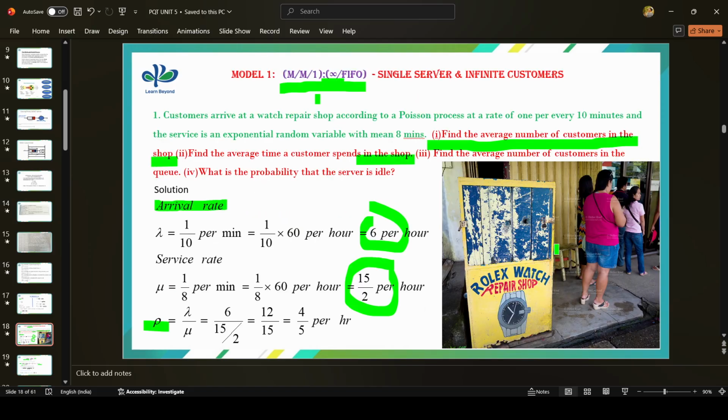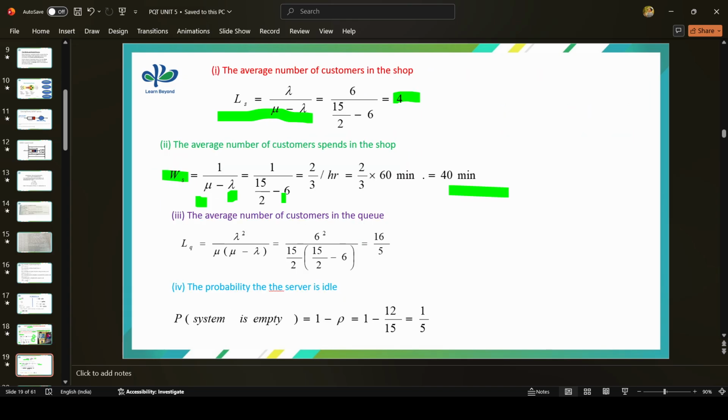Now the next part of your question is to find the average number of customers in the queue. First we calculated how many persons are waiting in the shop. Now we are calculating how many customers are in the queue.